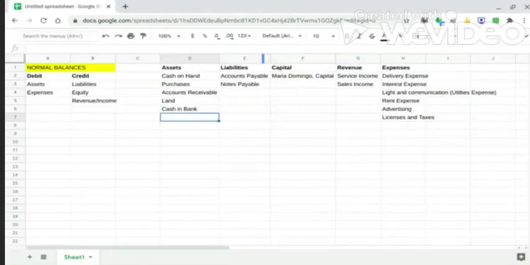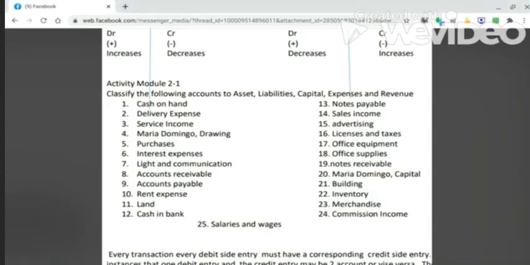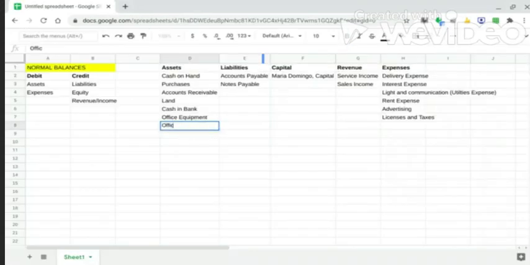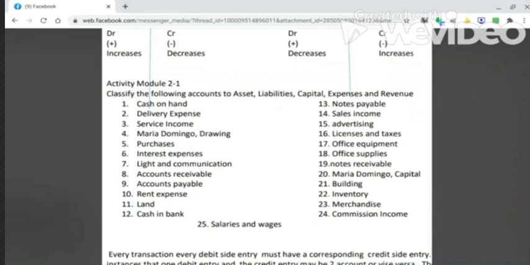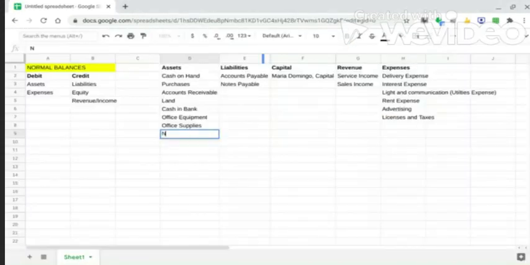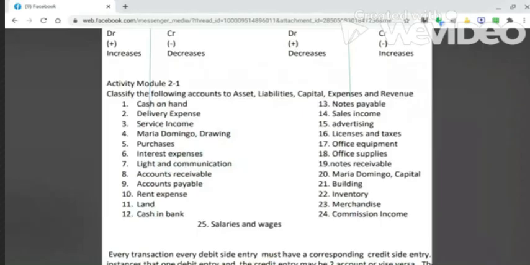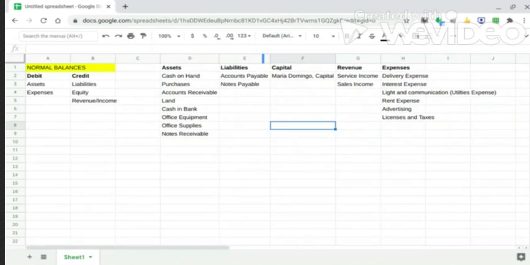So ilalagay natin yan sa assets. And next is the office supplies, asset din yan. Notes receivable, that's another asset. Receivable.